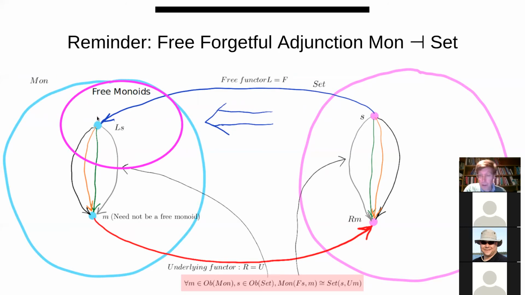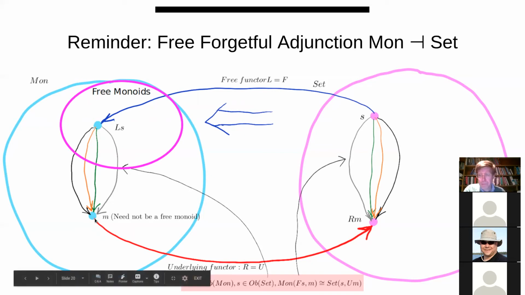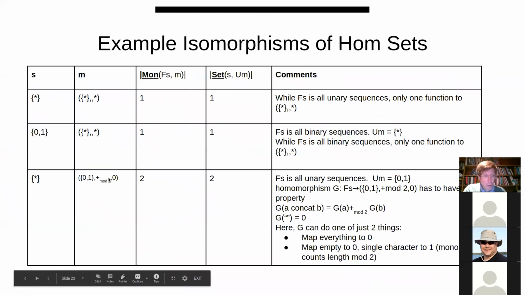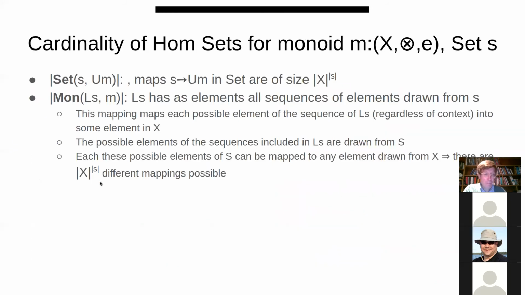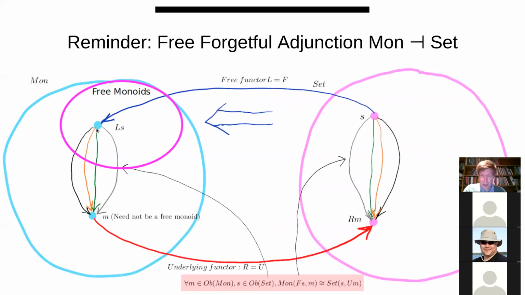So these are unary sequences now. And those unary sequences now need to map down into M. So the empty one needs to map into some unit in M, which will be 0, because 0 plus mod 2 something else is that something else. And then every other thing here also, we have to have a homomorphism.